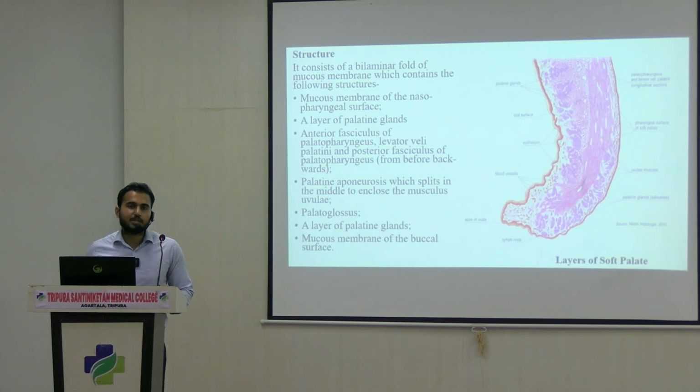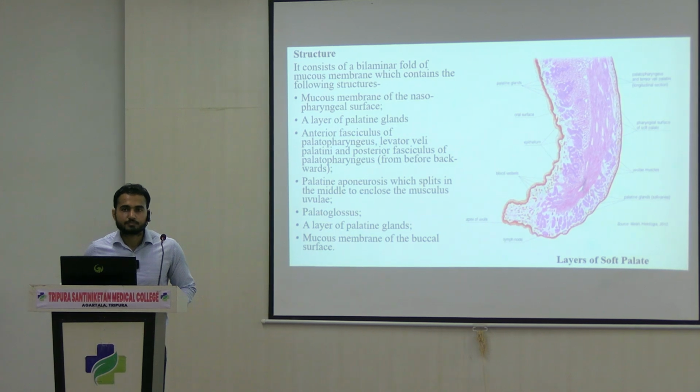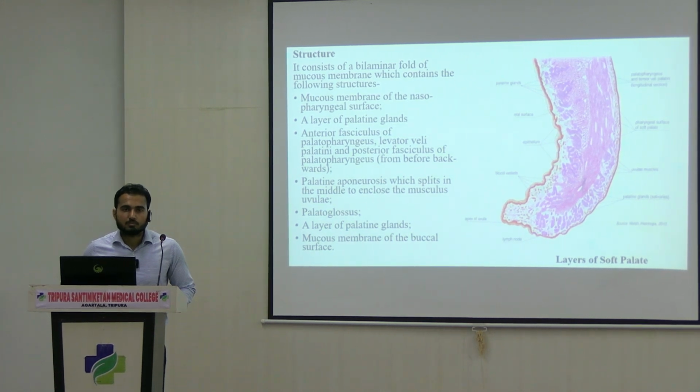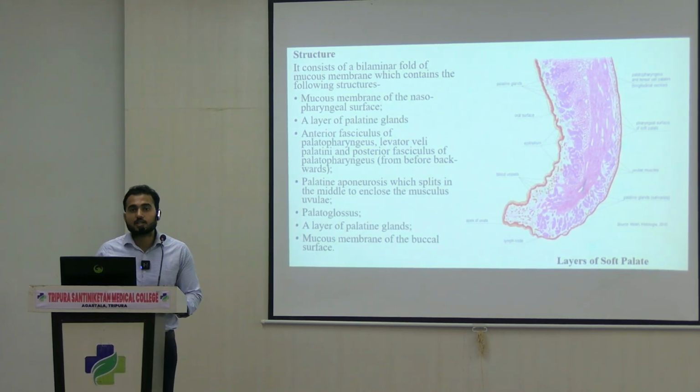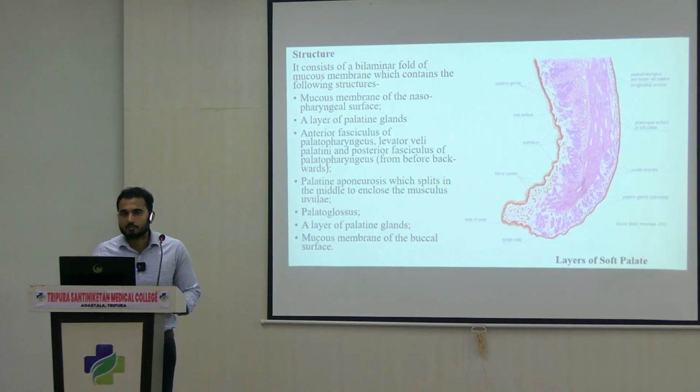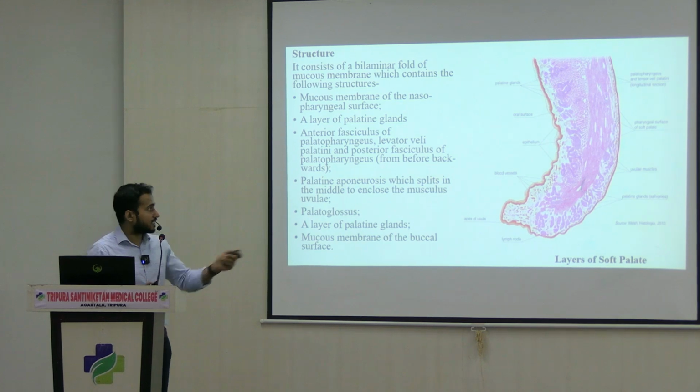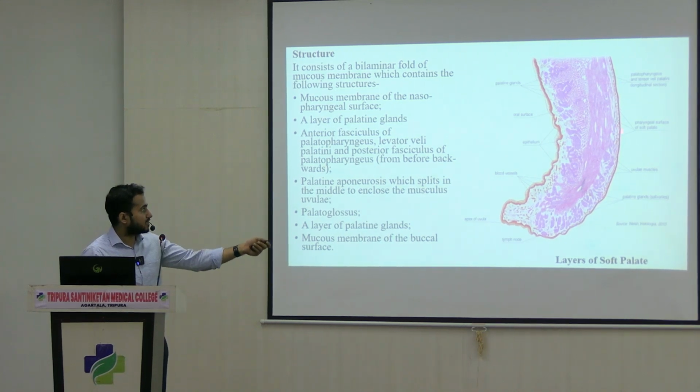Which epithelium is the respiratory epithelium? Respiratory system histology is done. It is pseudostratified ciliated columnar epithelium. That is the respiratory epithelium, present on the pharyngeal surface.